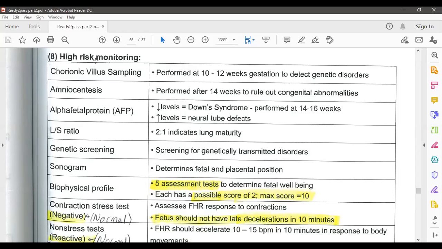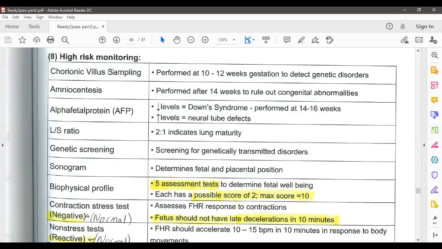So if the mother or baby is at high risk, we have to examine or do some tests that can keep the mother and the baby safe. The first test is called chorionic villus sampling.